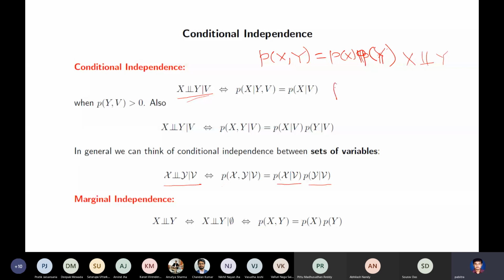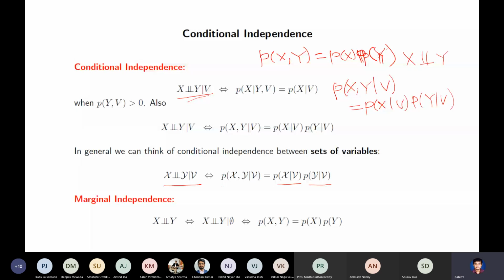So the same structure, p(x, y | v) factorizes into p(x | v) and p(y | v). Okay, so then we call x conditionally independent of y given v.